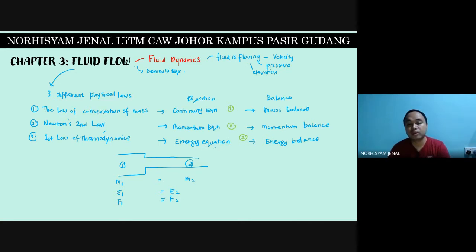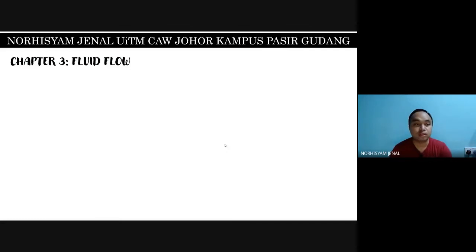Okay. So in order for us to learn about the continuity equation, we are going to learn about the law of conservation of mass. The law of conservation of mass involves three different parameters.